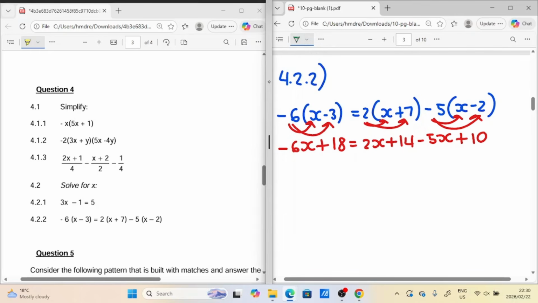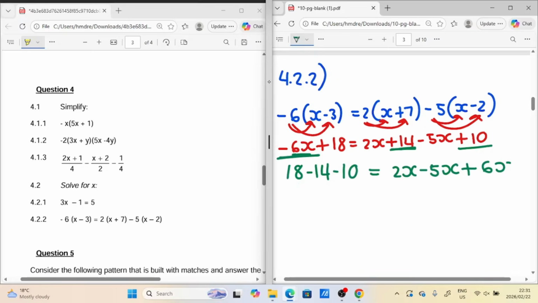On this side I've got 18. If I take across positive 14, it's going to be minus 14. And if I take it across positive 10, it's going to be minus 10. On the other side, I've got 2x minus 5x. And then I'm going to take this negative 6x across, it becomes positive 6x.